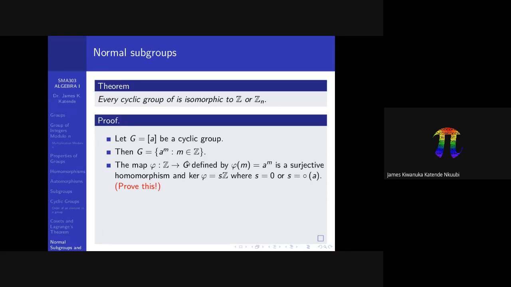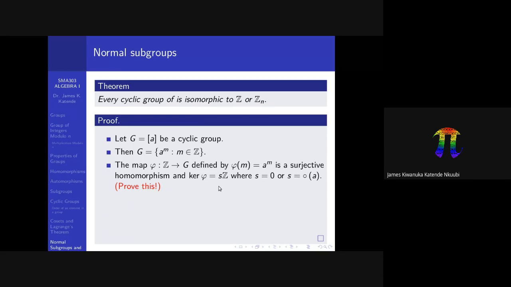If it's a finite group, and the order of the generator is S, then you will know that A raised to S will be equal to the identity, right? And any integer multiple of S, when A is raised to that, you will still get the identity. Is that correct? So the elements in the kernel will simply be the multiples of S, where S is the order of the generator A.